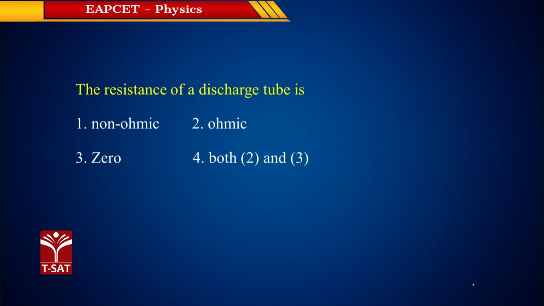At constant temperature, the voltage is directly proportional to the current. V is equal to Ri. This discharge tube cannot satisfy Ohm's law. Therefore, this is called non-ohmic. Therefore, the first option, that is non-ohmic, is the correct answer. Resistance of a discharge tube is non-ohmic.